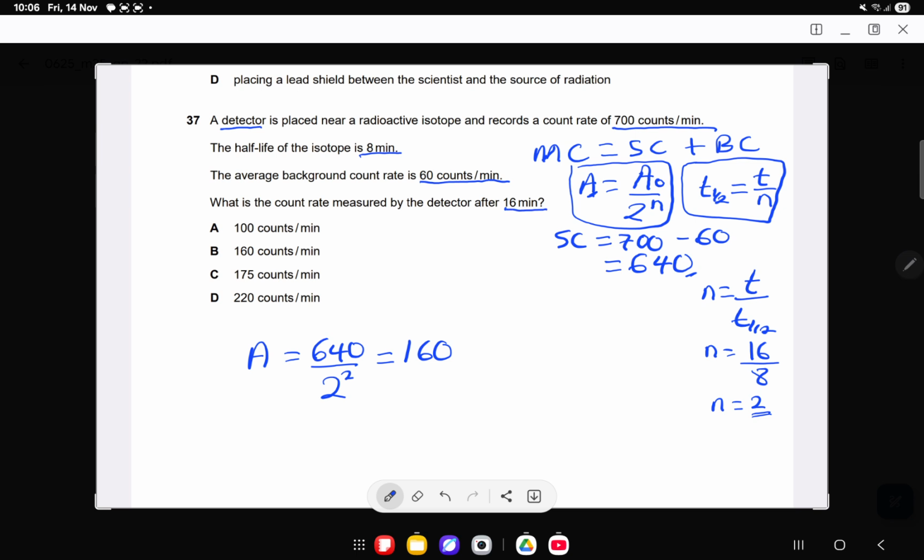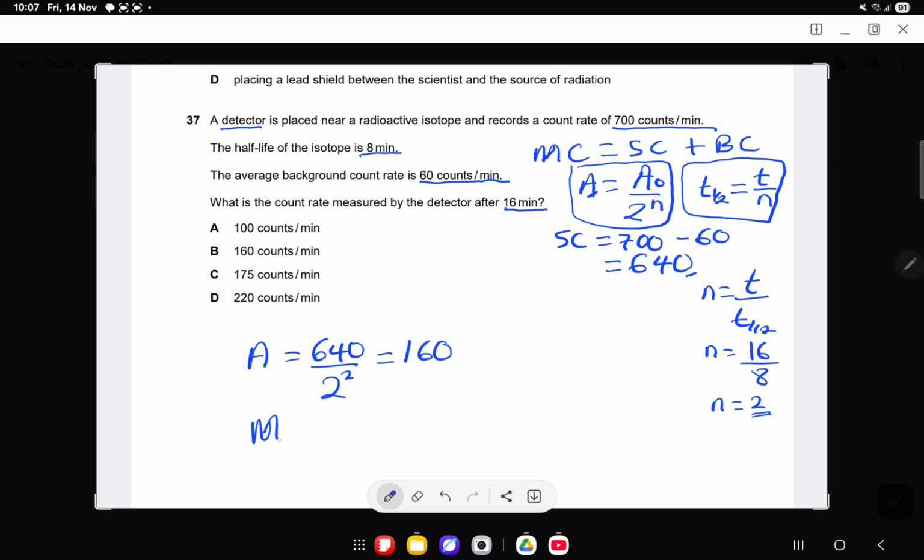But the question is asking for the count rate measured by the detector, which means what we are looking for is the measured count rate. To get the measured count rate, we add the background count rate to the sample's count rate.